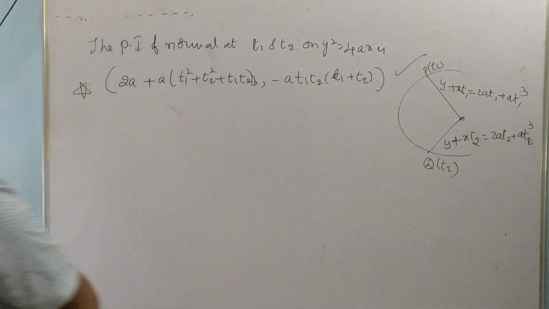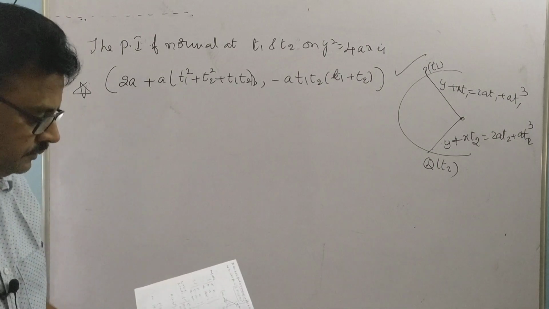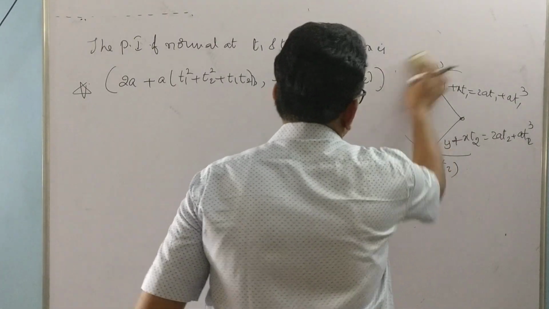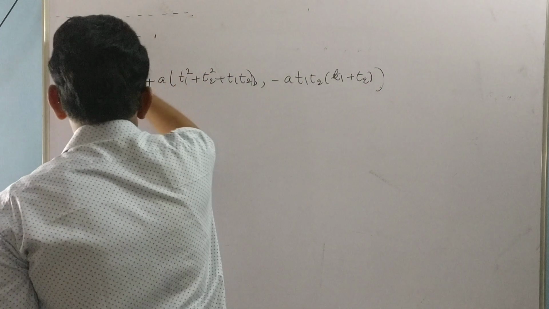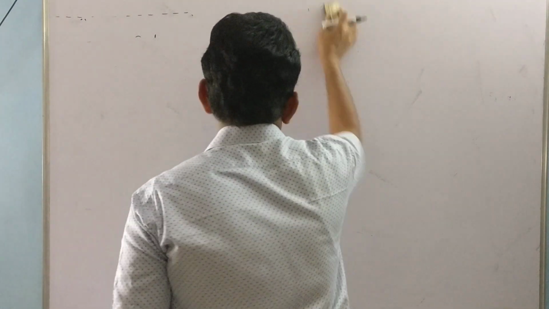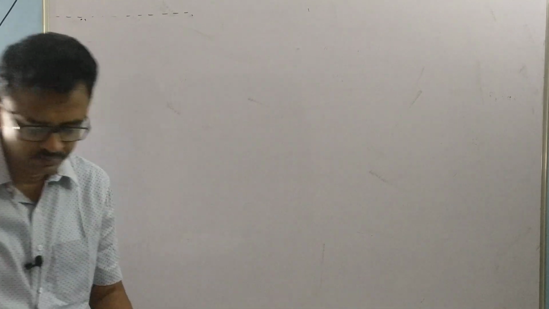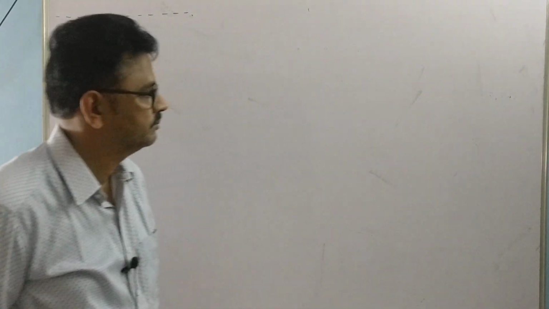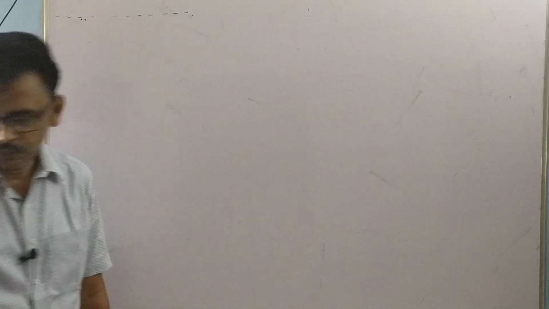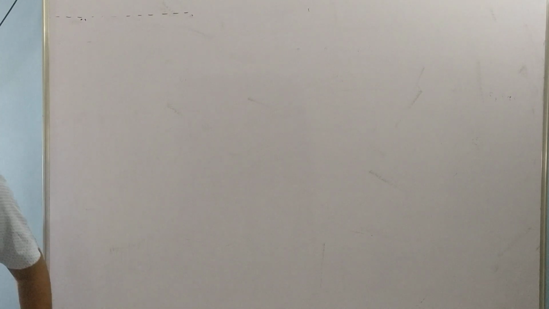That one problem. The locus of point of intersection of perpendicular normals to the parabola y square is equal to 4ax.